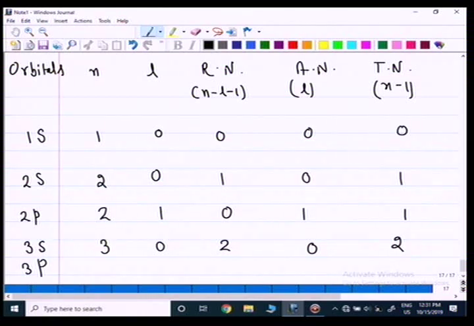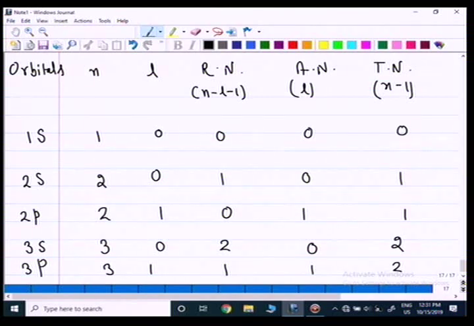Has everyone attempted that question? Okay, so let's see. 3, 1, 1, 1, and total 2. In case of 3p, we will have 2 nodes.